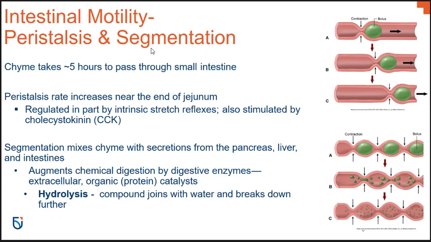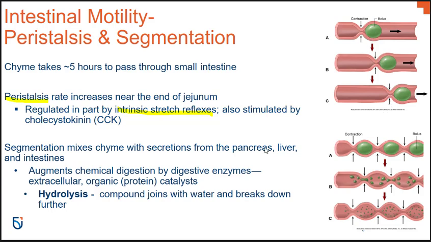And there are several mechanisms involved in the control of this intestinal motility. Peristalsis is regulated in part by intrinsic stretch reflexes, and we already talked about those stretch reflexes in this image.